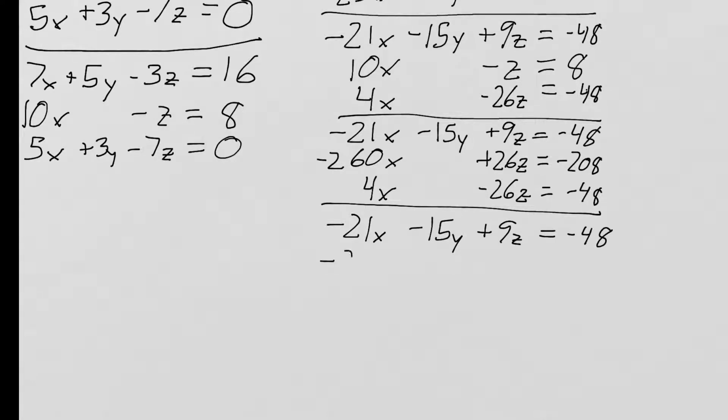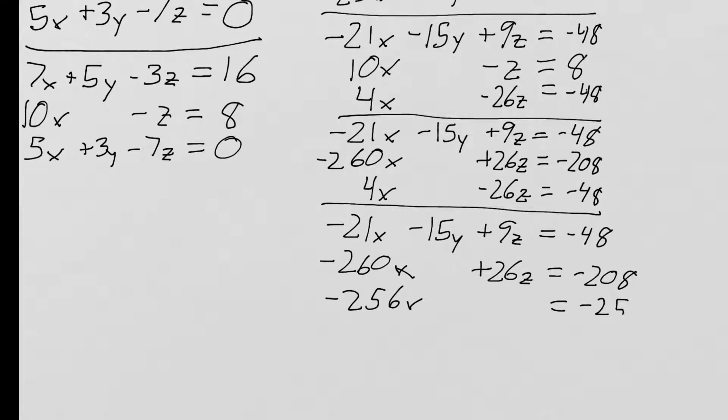Then I have -260x plus 26z is equal to -208. And now, adding those together, I get -256x is equal to -256.